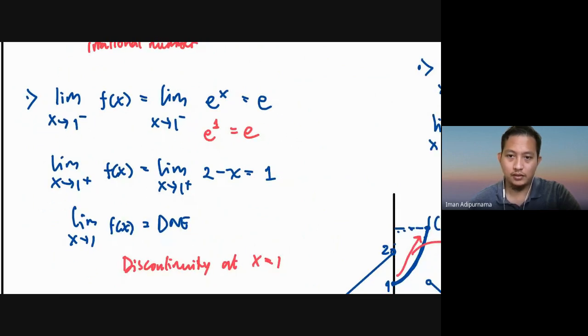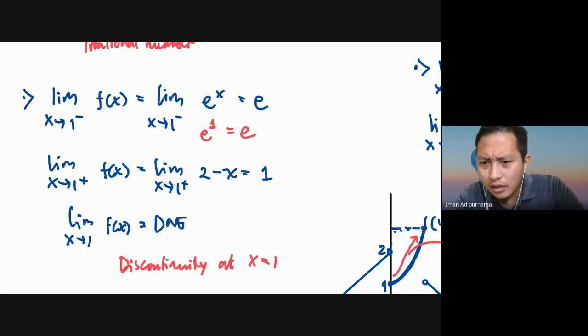Do you get it? What do you mean, not a real value? It's a real value. What do you mean not a real value? e is irrational, but it's a real number.